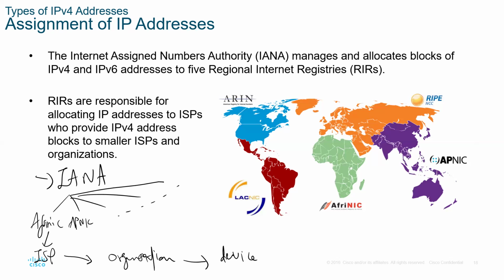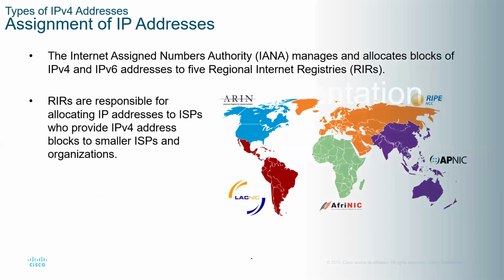Tier ones, then it goes to our smaller service providers, our access providers, our telcos, then to your organization, then my PC is 192.168.10.10. Assignment of IP addresses, where do they come from?